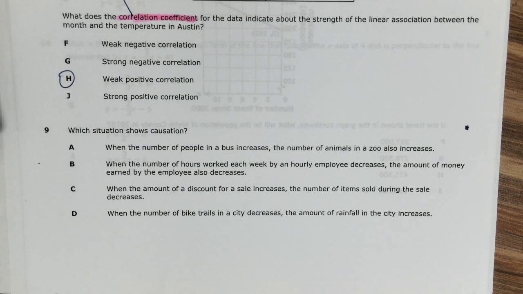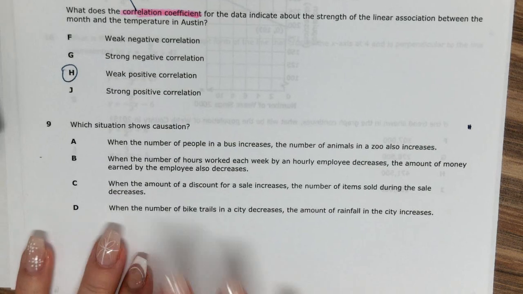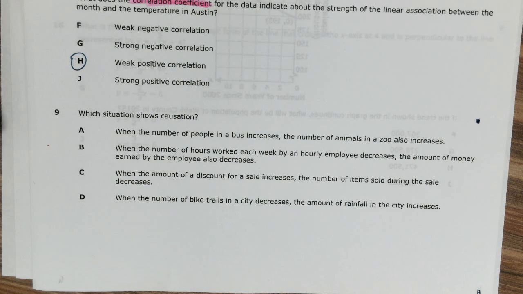Like if I study for my test, I'm probably going to get a better grade. That's correlation. That doesn't mean if I study for my test, I'm absolutely going to make 100. It's just related. Causation means if I do this something, it will 100% cause this. Does everybody understand causation?